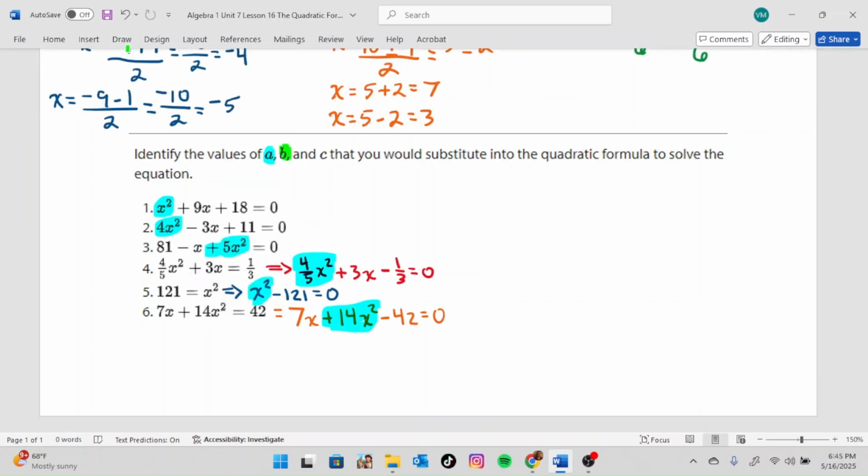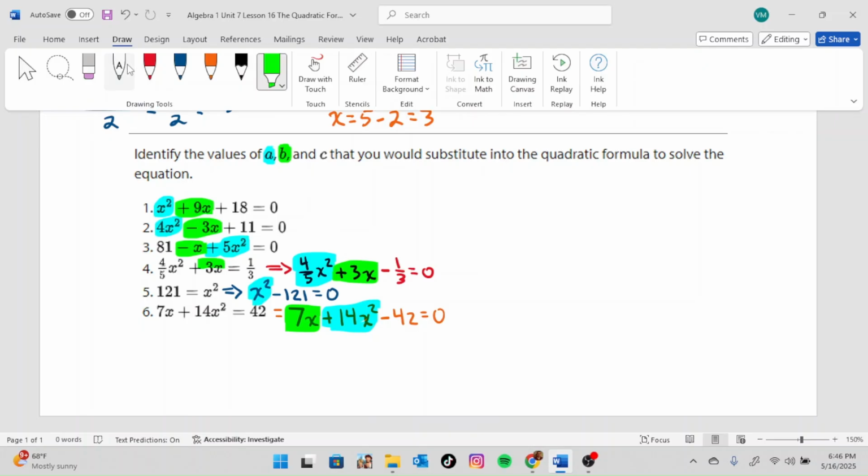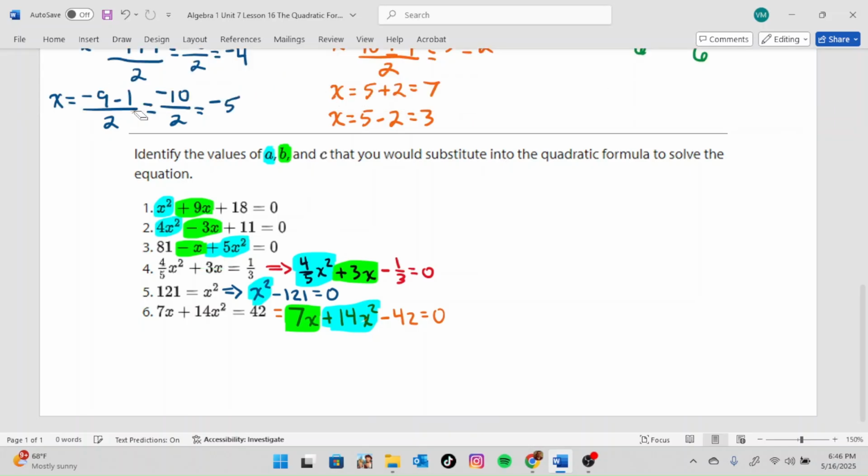The B term is always the x term. Again, it does not matter what order they're in. It only matters that it's the x term. So these are going to be highlighted in green.